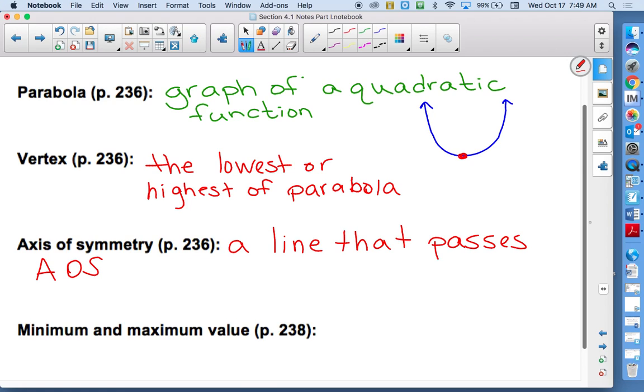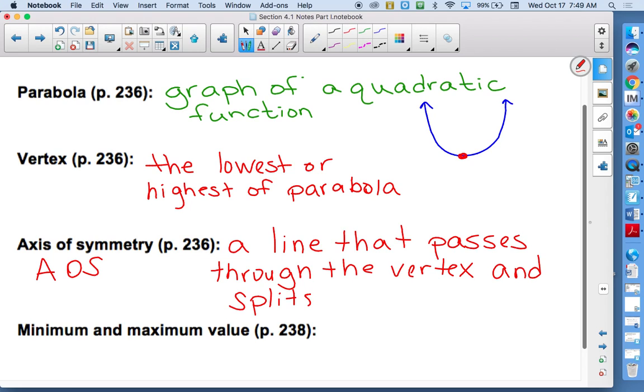It's the same on both sides. Correct. So it's a line that passes through the vertex, but it also splits the parabola in half. Symmetry means the one side should be exactly the same as the other.